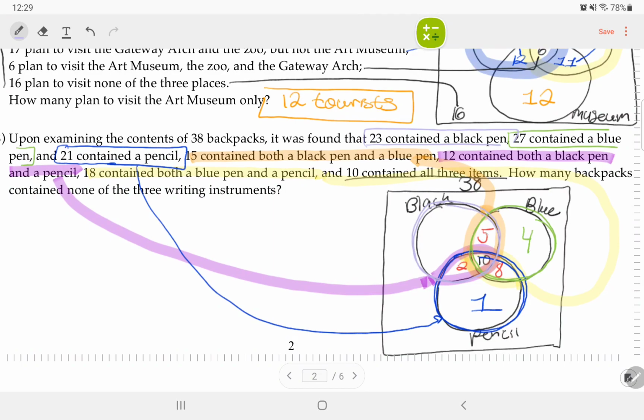So we're going to add the 5, the 10, and the 2. 5 plus 10 is 15. 15 plus 2 is 17. Take that 17 that I added inside of black pen, subtract it from 23 to find out how many backpacks only had a black pen. 23 minus 17 is going to be 6. And you guys can use your calculator for that as well, if need be.